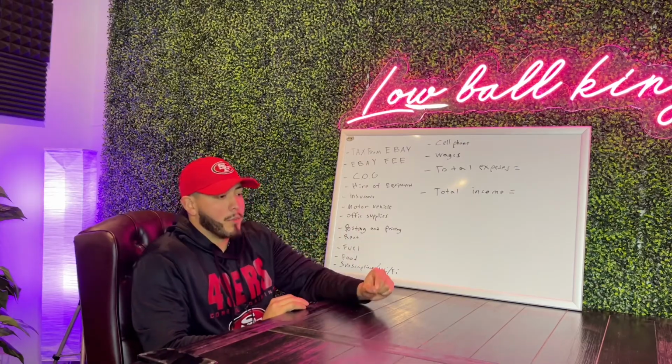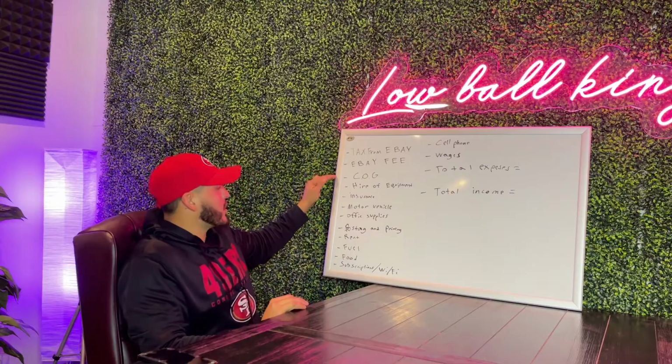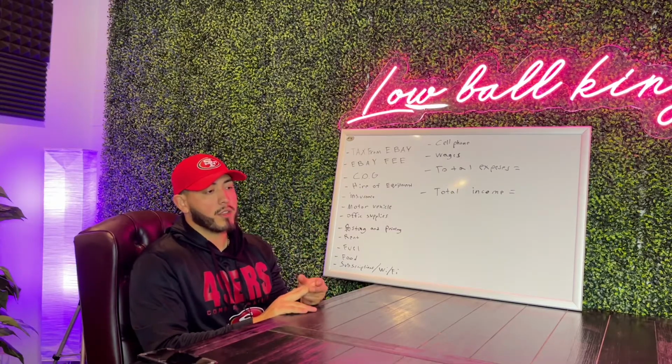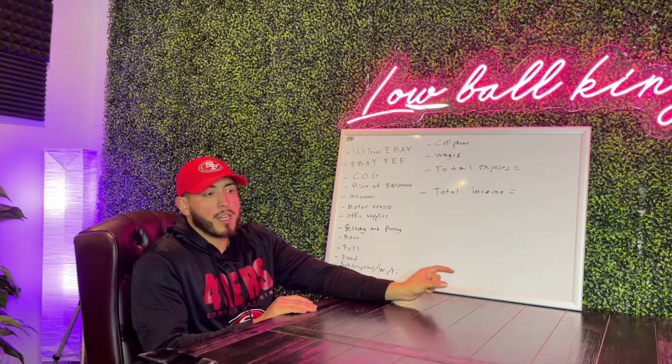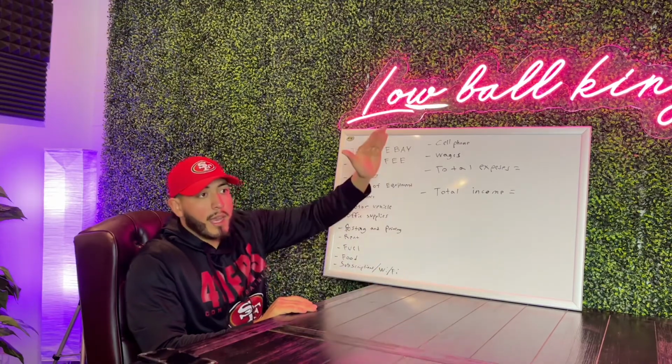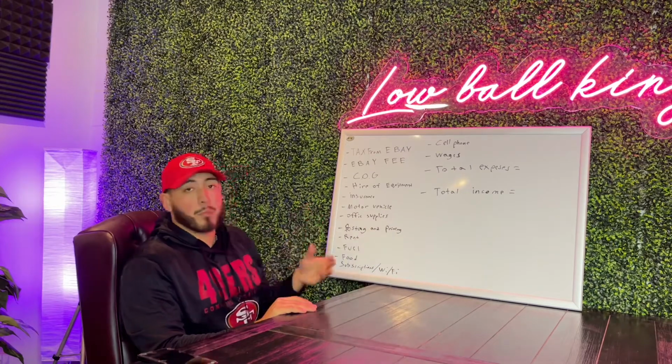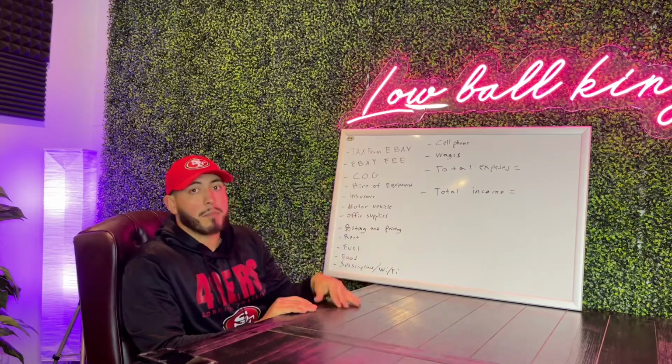Fuel, the easiest way to do it. The way I came up with the cost of goods and the fuel, I had Bank of America, and the way I did it on there is I put how much money did I spend on fuel, and it gave me a total number, right? And that's how much I wrote off. And it's pretty accurate because it's the Bank of America app for the whole year.